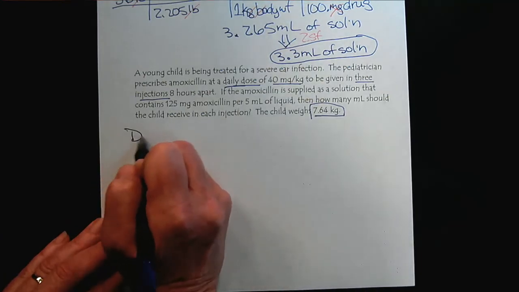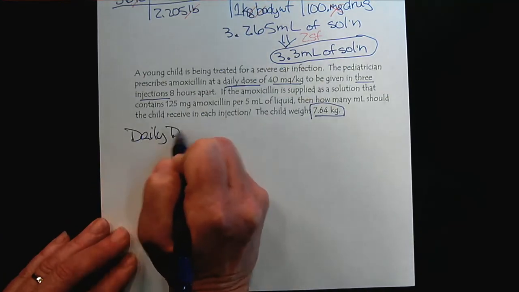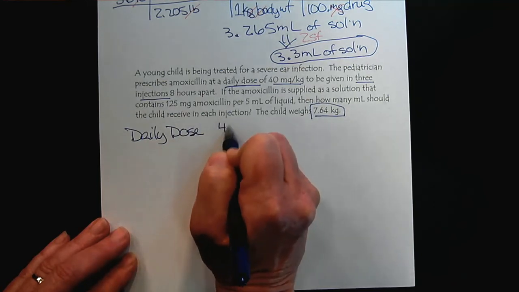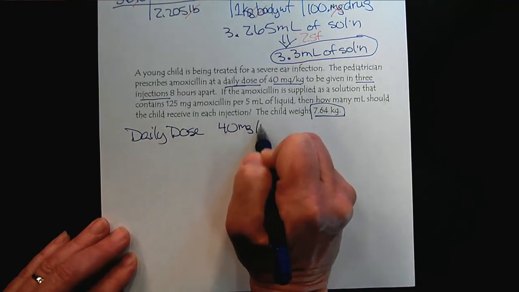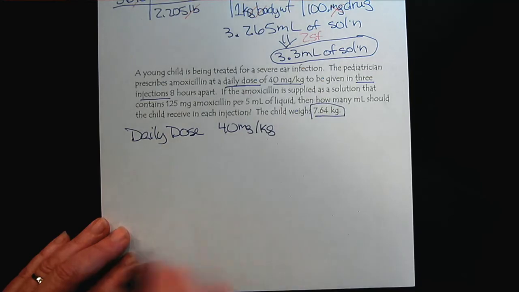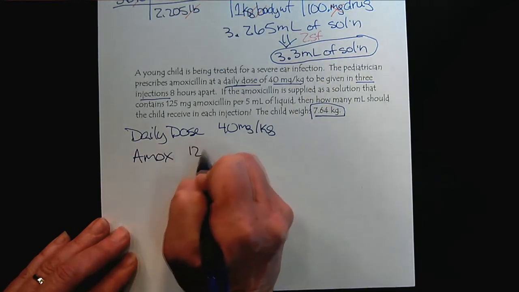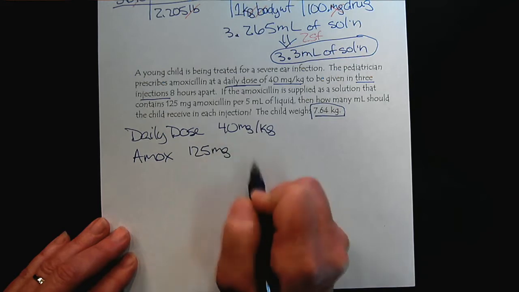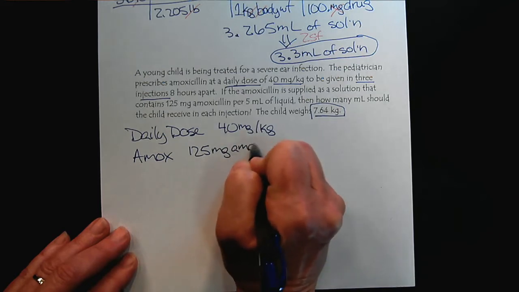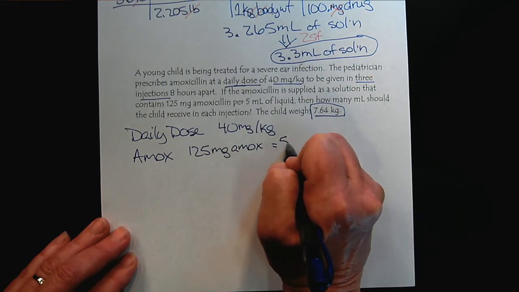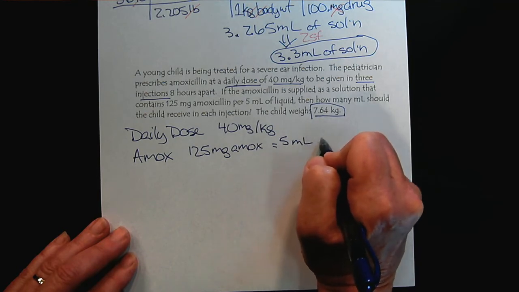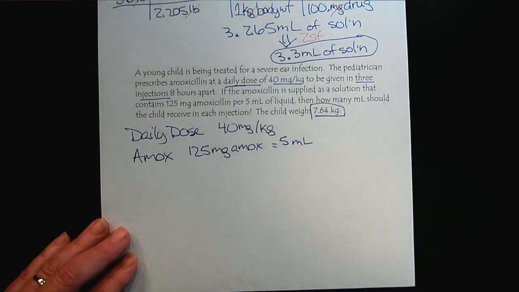Right? So the daily dose is 40 milligrams per kilogram of body weight. Notice that starts to get left off. We're just supposed to know that. Alrighty, and then the amoxicillin solution is 125 milligrams of amoxicillin equals 5 milliliters of solution.